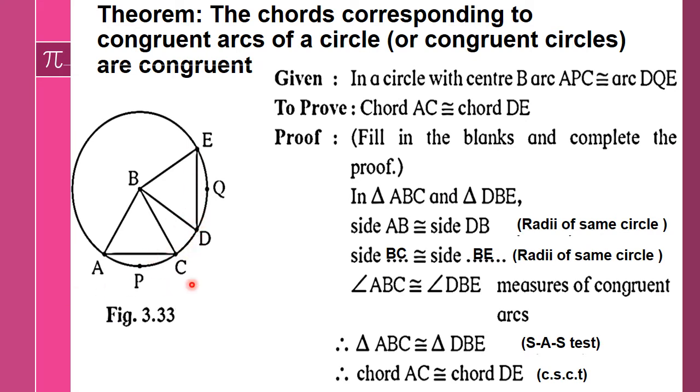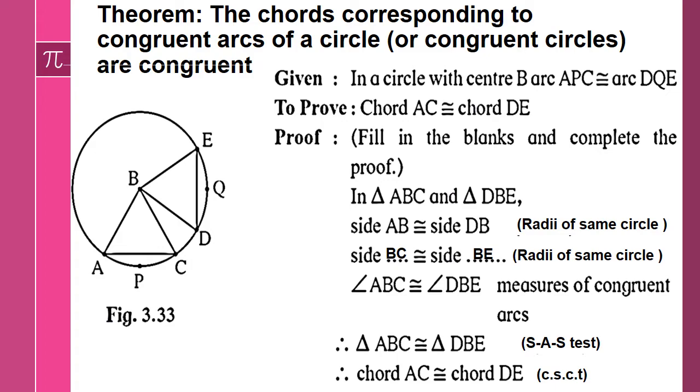That means chord AC is congruent to chord DE since they are corresponding sides of congruent triangles. The short form is CSCT, that means corresponding sides of congruent triangles. So a very simple proof: when we have two congruent arcs and their corresponding chords, we form two triangles by drawing four radii, and then we prove that those two triangles are congruent, and hence we get that AC is congruent to DE.